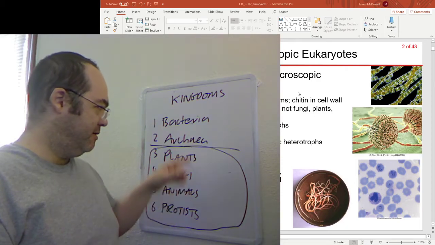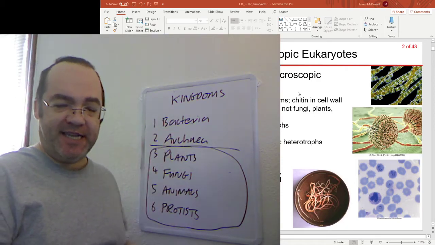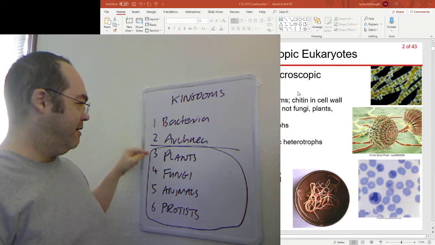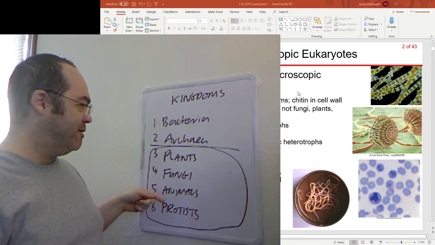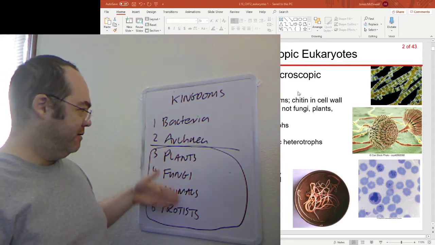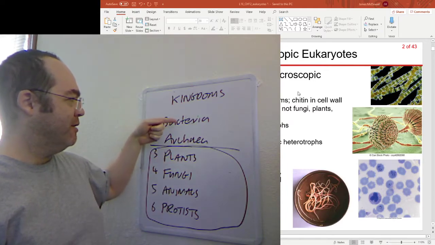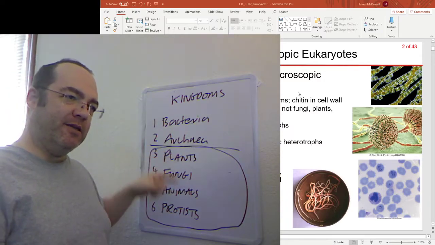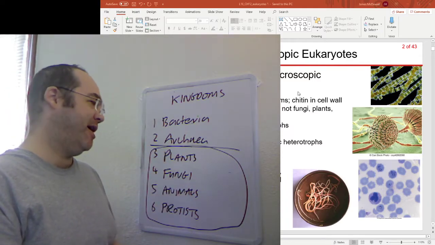And the first problem with the 6-kingdom system, and I mentioned this problem before, is that idea that not all of these kingdoms are equal. These 2 kingdoms are domains, whereas these 4 eukaryotic kingdoms are all part of the same domain.